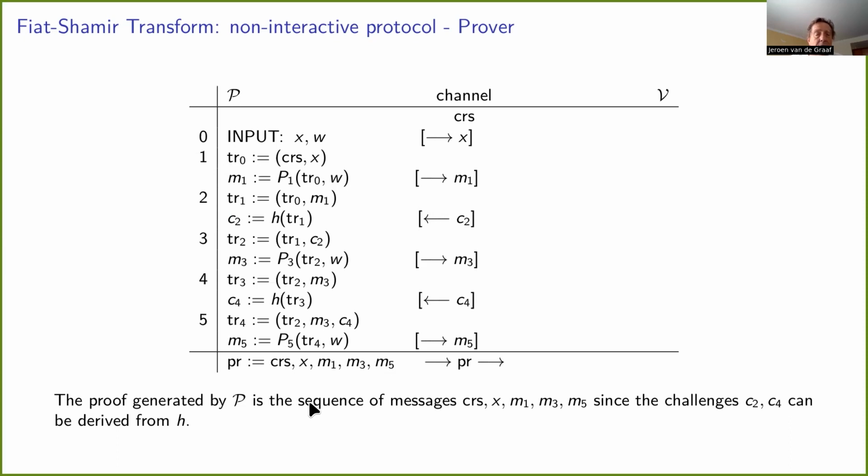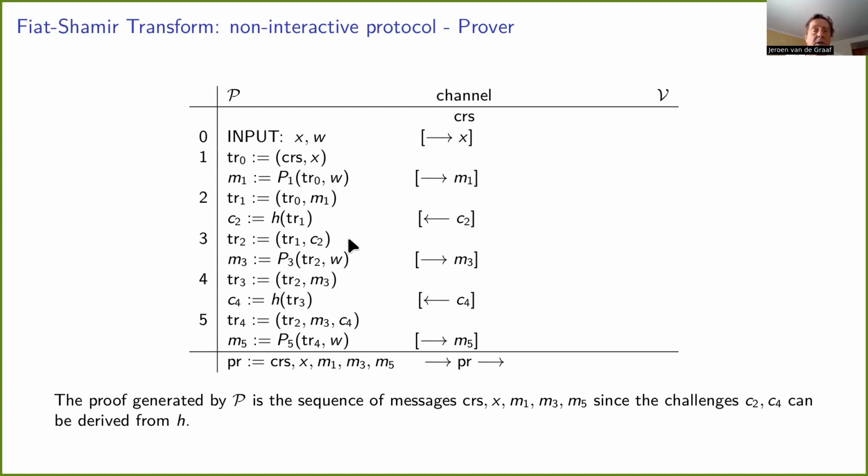The proof generated by P is now the sequence of messages that you see in the middle. You could even leave out the challenges, because they are a deterministic result of the messages.